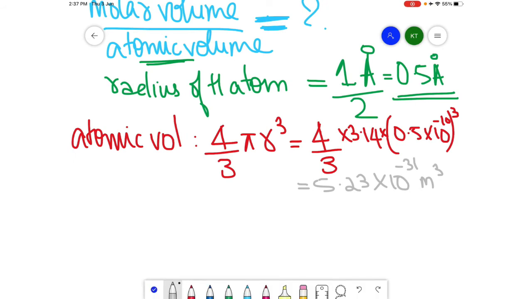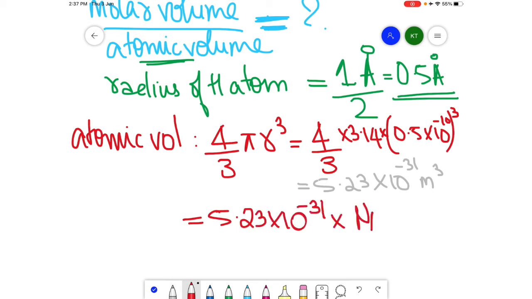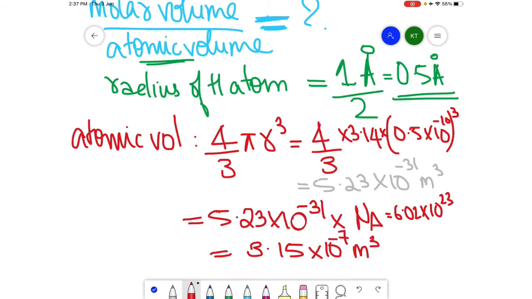In terms of moles, we multiply this by Avogadro number, that is 6.022 into 10 power 23. We get the final value to be 3.15 into 10 power minus 7 meter cube.